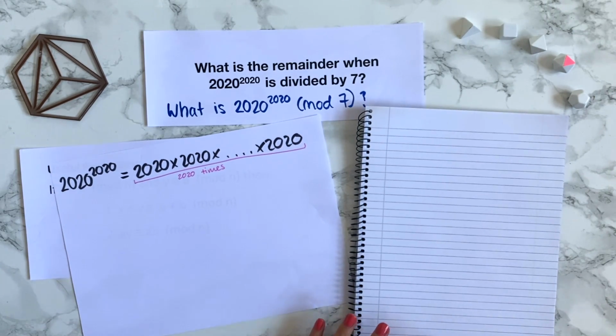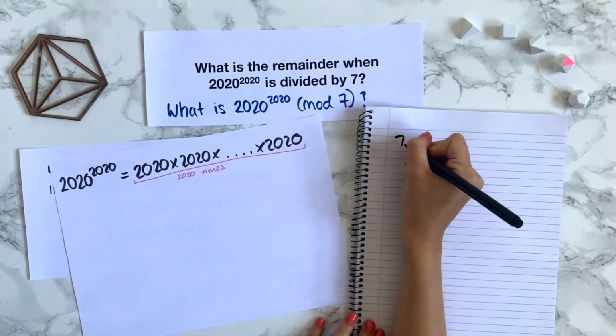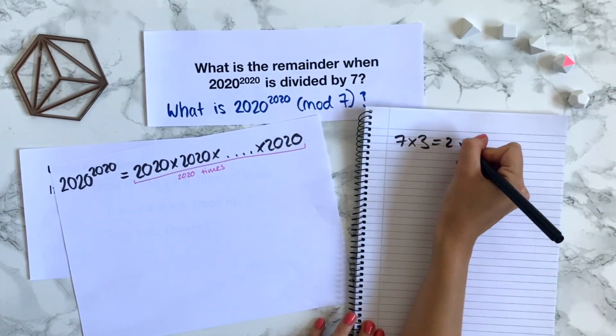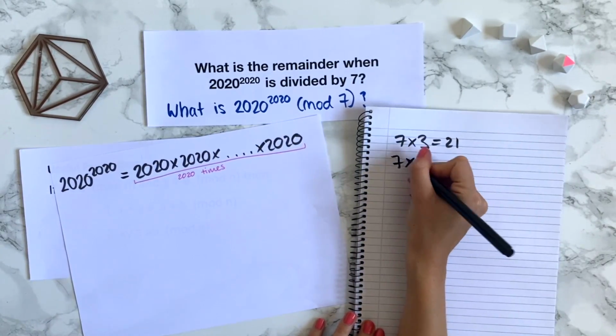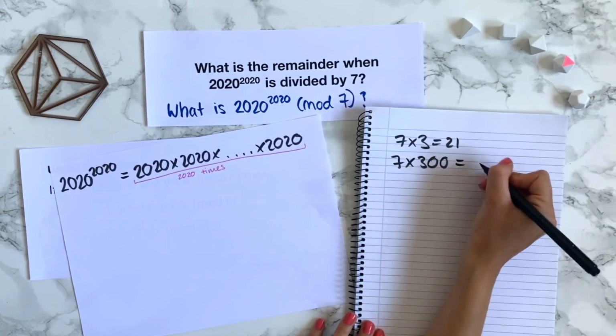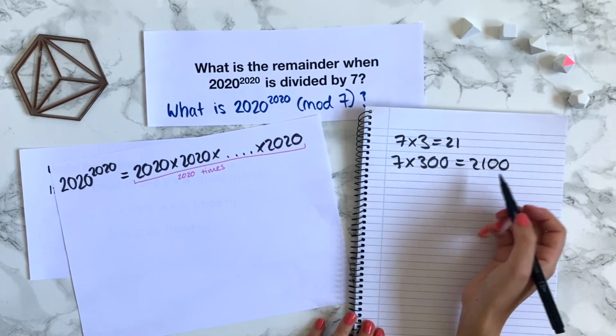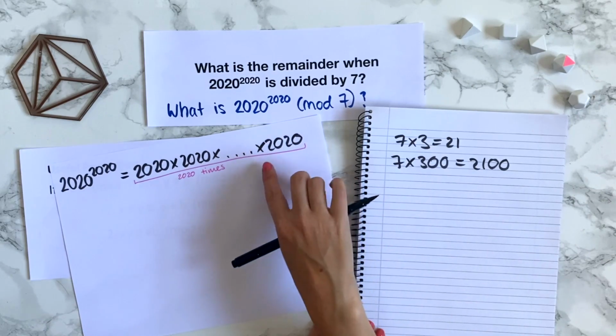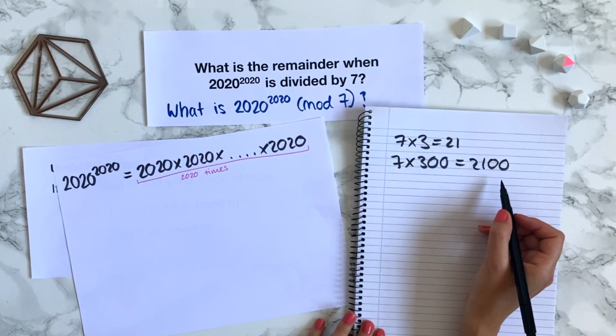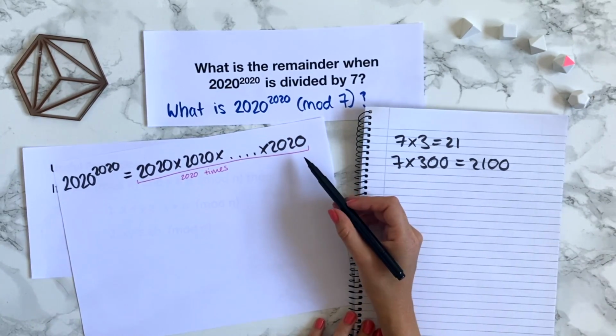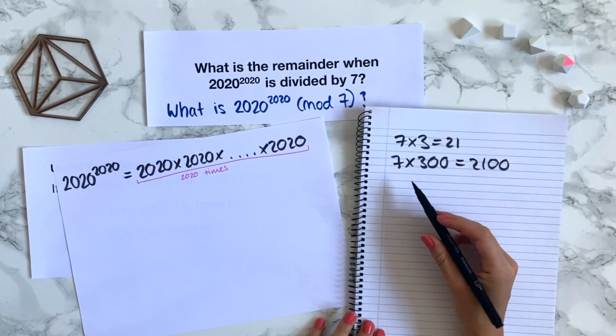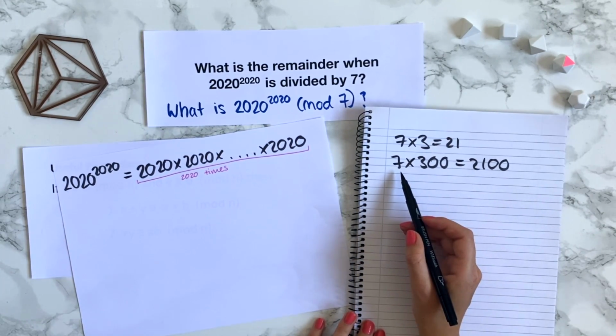Some things I do know is that 7 times 3 is 21. So 7 times 300 is 2100, and this is fairly close to 2020, but it's a bit over. To get me a bit closer to 2020, I could subtract another multiple of 7.